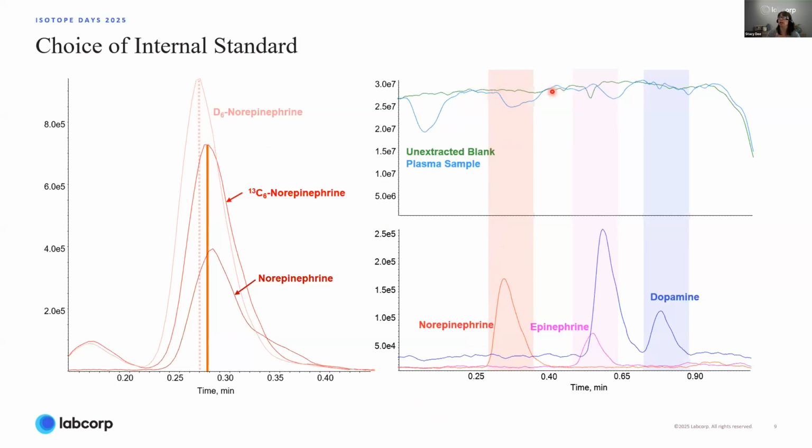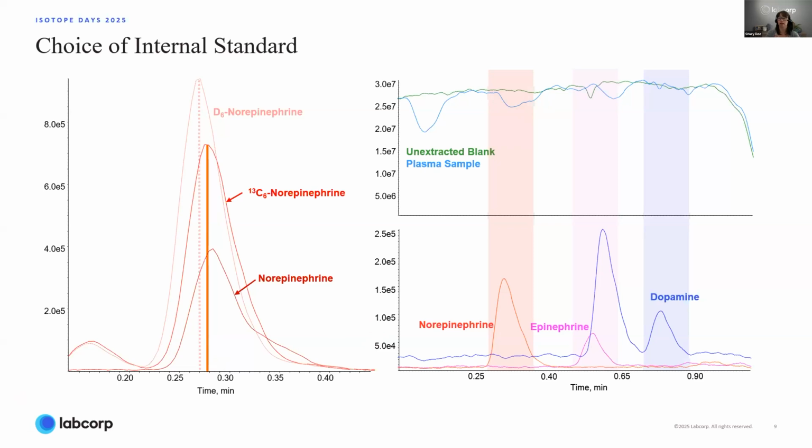And this is just one infusion of a small plasma pool. There are potentially many, many, many different samples that we would come across that could suppress the signal even more than that one. So that was the main consideration there. So we went with the carbon labeled.